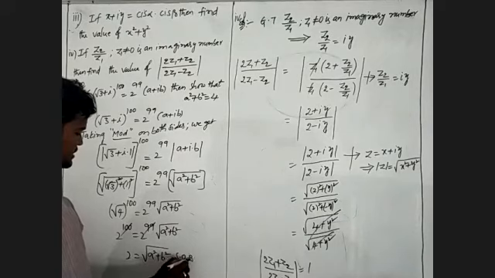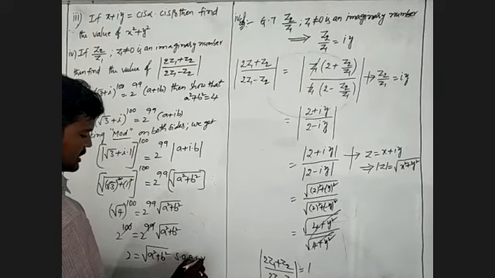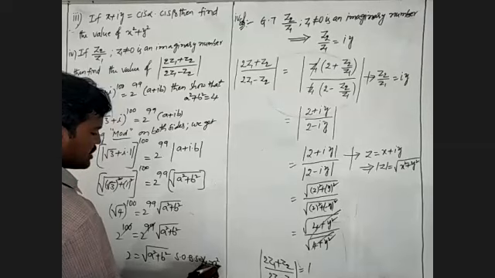Squaring on both sides, 2 square is nothing but 4, is equal to a square plus b square, as square and root will be cancelled.